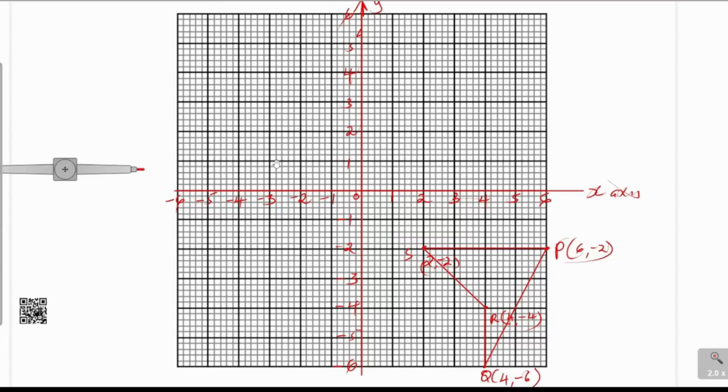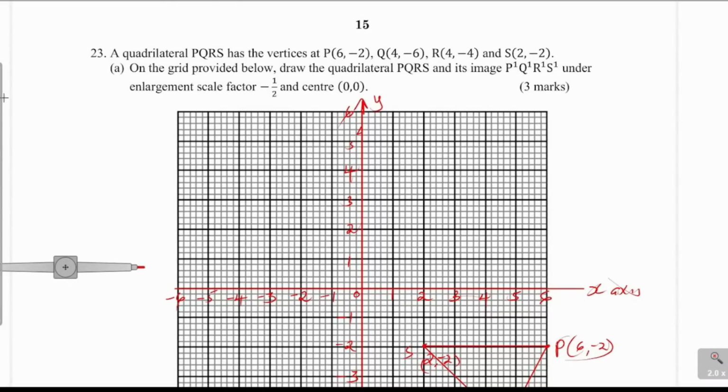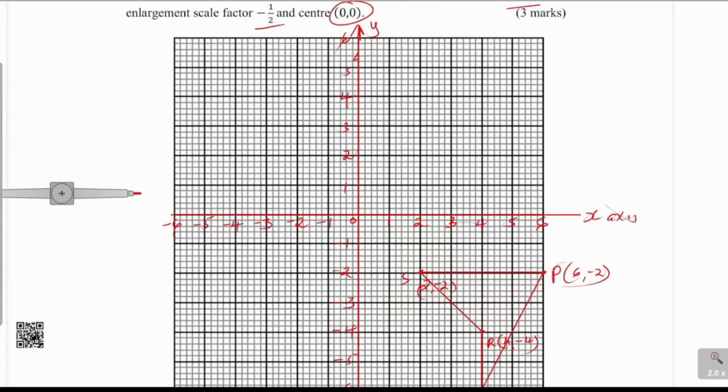So the first question, we are supposed to give the image P1, Q1, R1, S1 under the enlargement scale factor -1/2 about the origin. So the center is the origin, scale factor is -1/2. So the first thing you're going to do, because the center is the origin, is draw straight lines from each of those points.